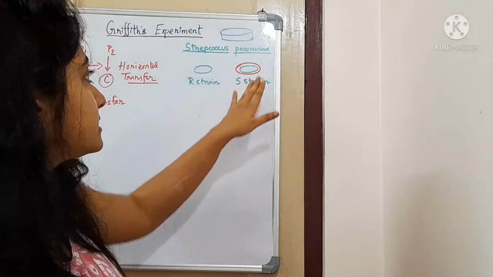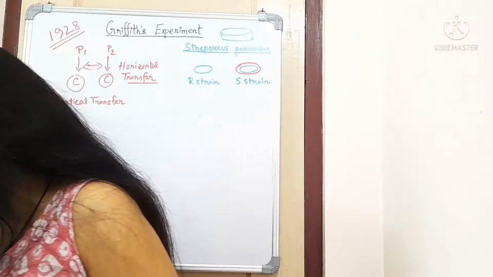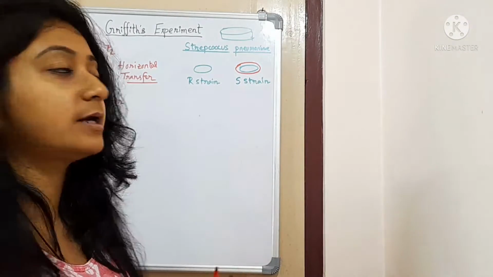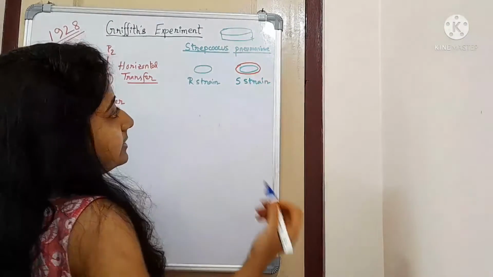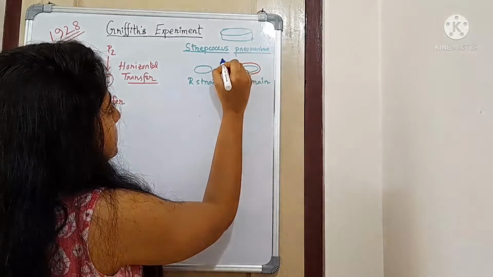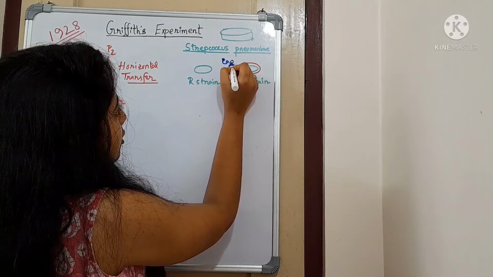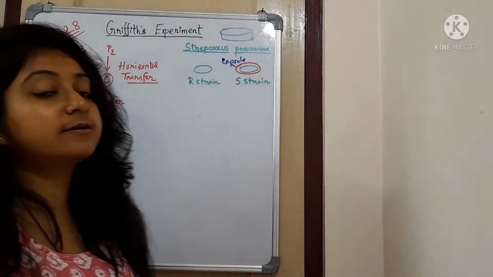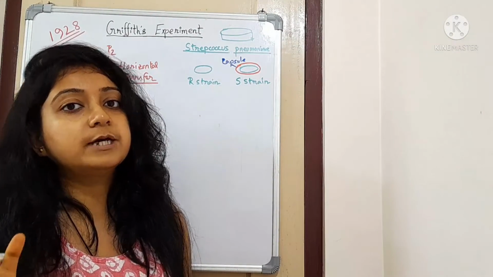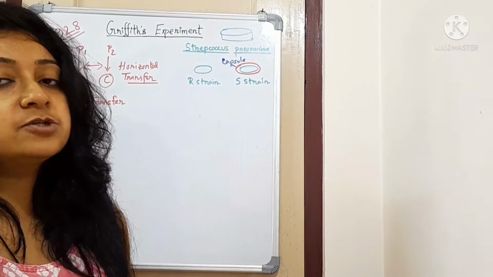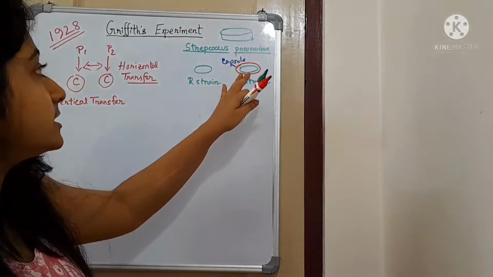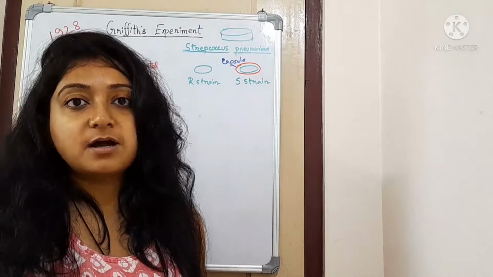And what is this capsule made up of? Okay, I forgot to tell this. The capsule is made up of carbohydrate, or we can say polysaccharides. So this capsule is basically made up of polysaccharide. As there is the polysaccharide capsule outside the body of the S strain, we can take one good example: say, two terrorists are there.